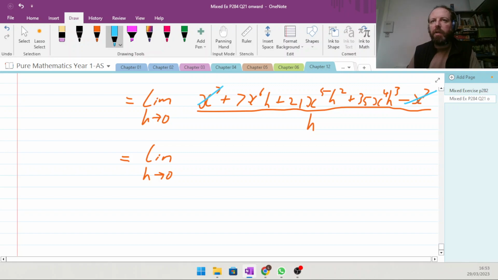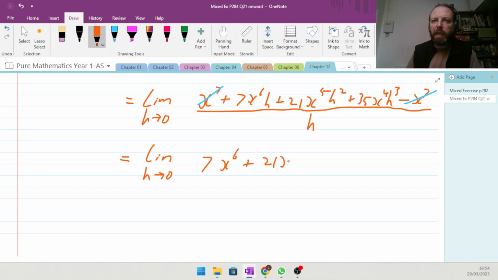And then we get all of these and we divide them by h. So they become 7x to the 6 plus 21x to the 5 h, h squared changes to an h, plus 35x to the 4 h squared.